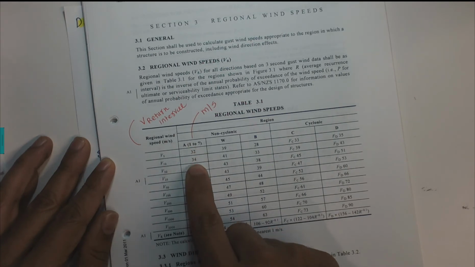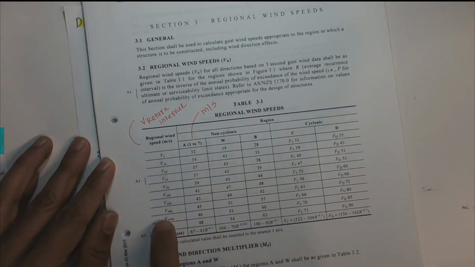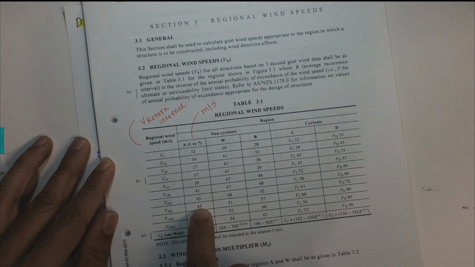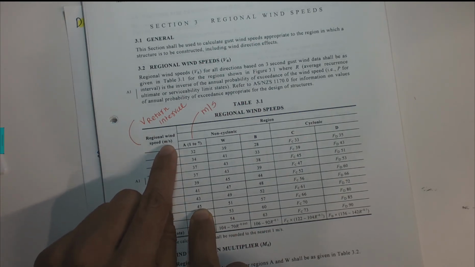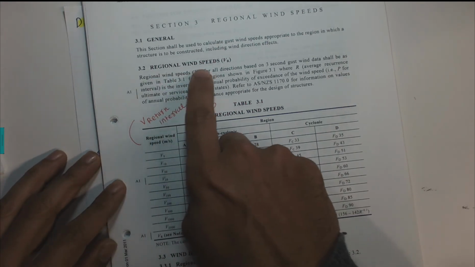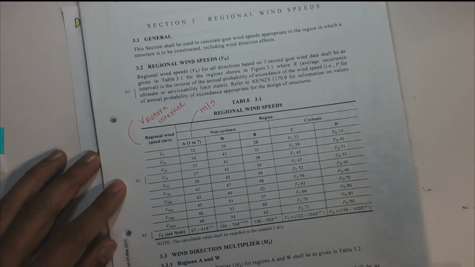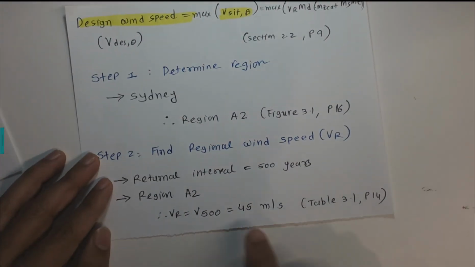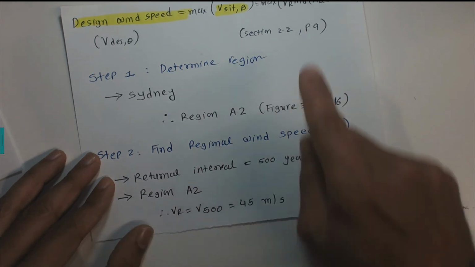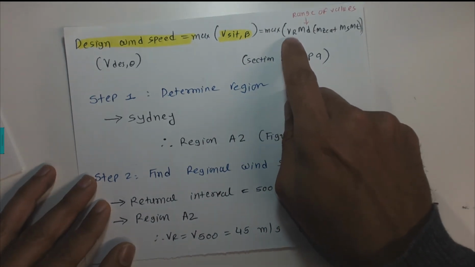A2 is in these columns, and we can check V500, which is 45, and the unit is meters per second. So 45 meters per second is VR, the regional wind speed. We just found the regional wind speed, the first category.